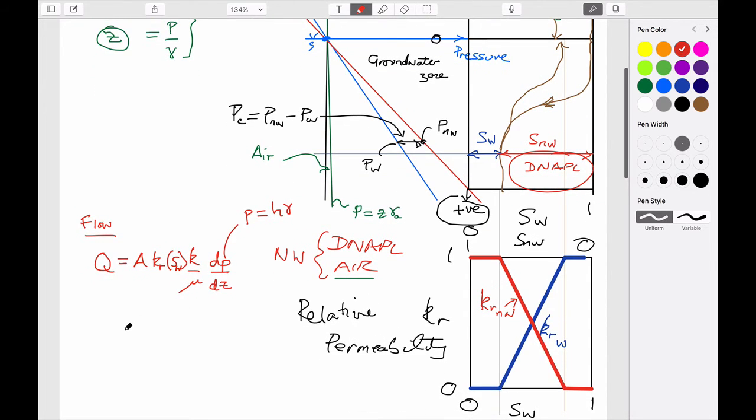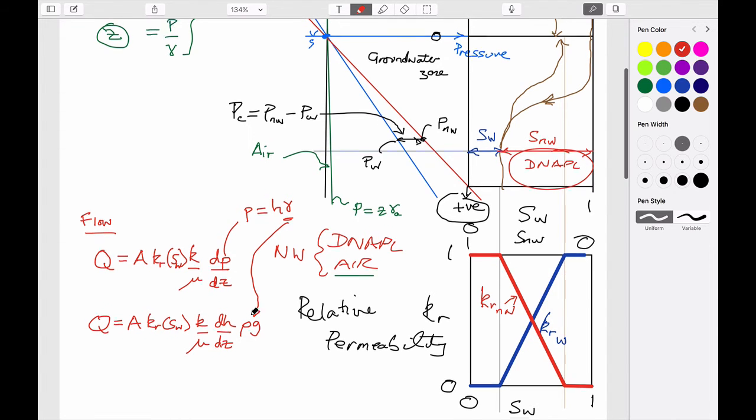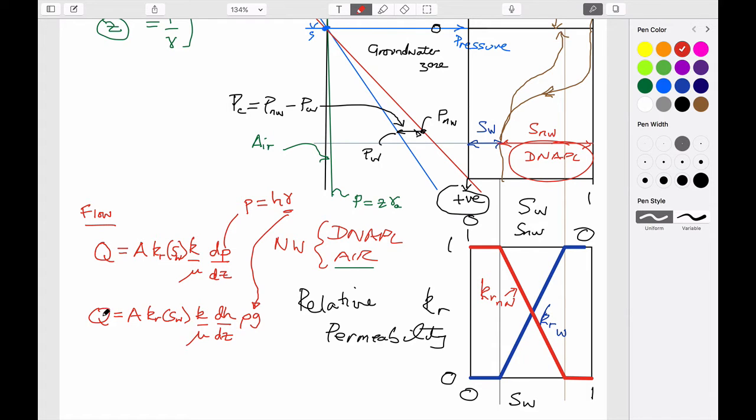And if we do that, then we end up with this perhaps easier to use, more universally useful relationship, which is the same as the one above it: relative permeability, which is a function of water saturation, the intrinsic property of the material, which is permeability, the intrinsic property of the fluid, which is viscosity, a change in head with elevation, which has no dimensions, and density and gravitational acceleration, which is just this term here. And so that's useful for us to be able to calculate flow rate.